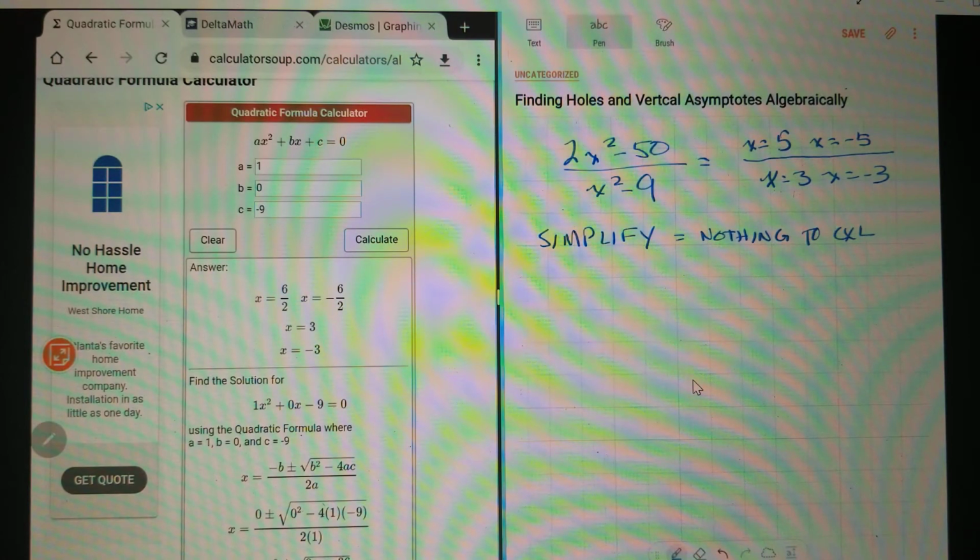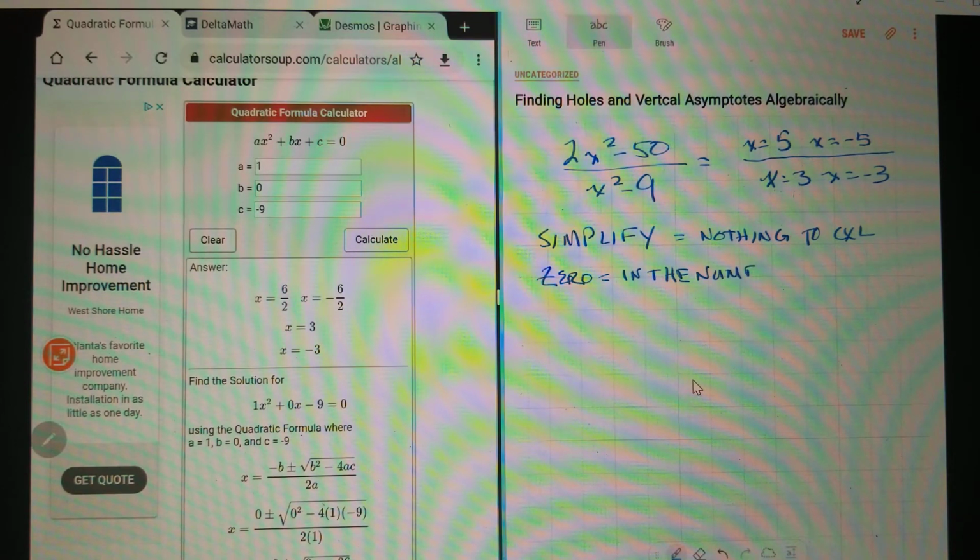And so our rule for a zero was in the numerator after canceling.